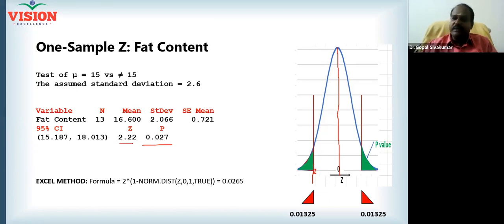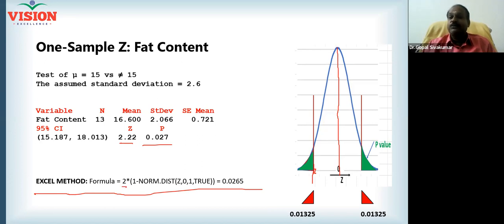Same way, go to Minitab, generate the p-value. That is why we have not explained it to you. But if you want, we can visit the normal distribution table also and try to understand. And in Excel also, Excel is also a touch screen. Look at the formula. 0.027 is generated using Excel. This is the formula. 2 is coming. You know why 2 is coming? Two-tailed study.